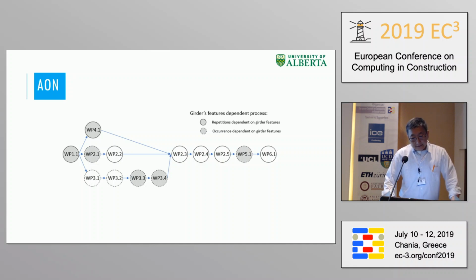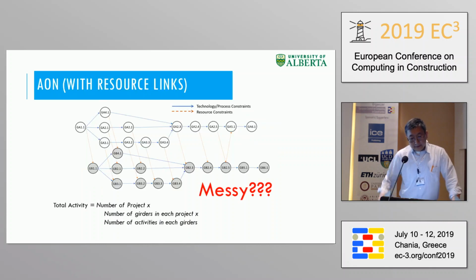Some activities can be repeated depending on the features of the girder, and some may not happen at all. Then if you think about the resource links, the limited crane availability, the limited tray availability, you have to add a lot of such arrows. All of a sudden, the network becomes messy.